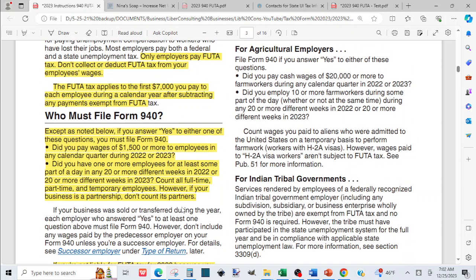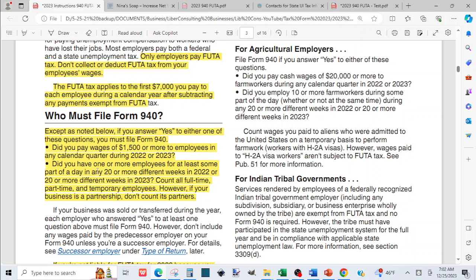So who must file Form 940? Except as noted below, if your answer is yes to either one of those questions, you must file Form 940. Did you pay wages of $1,500 or more to employees in any calendar quarter during 2022 or 2023?